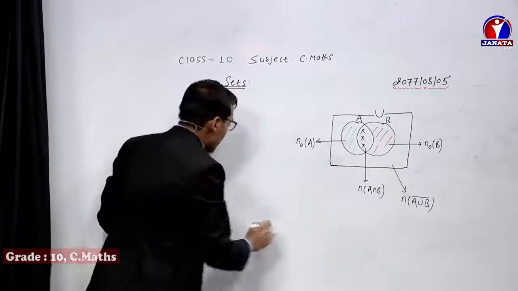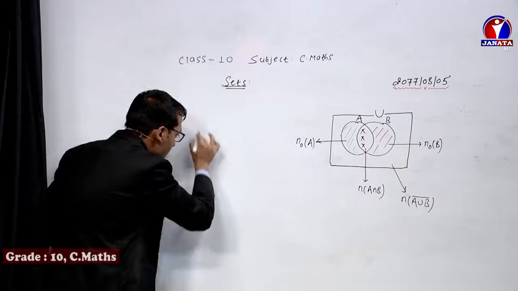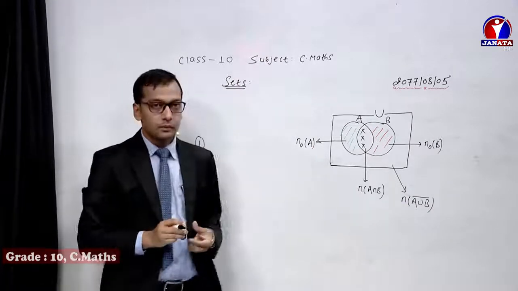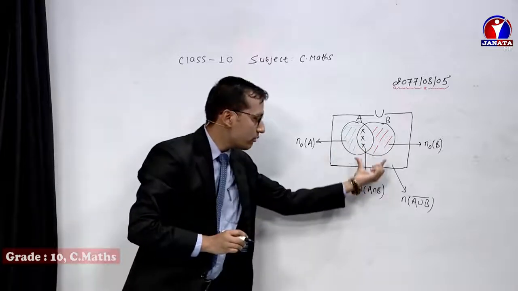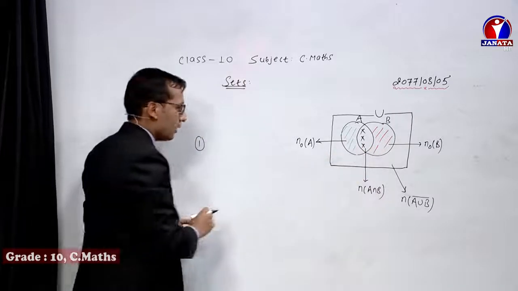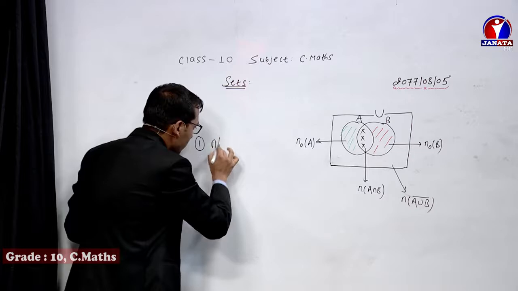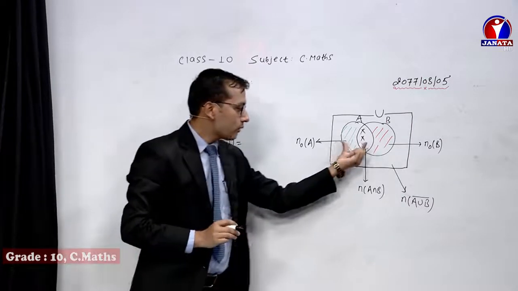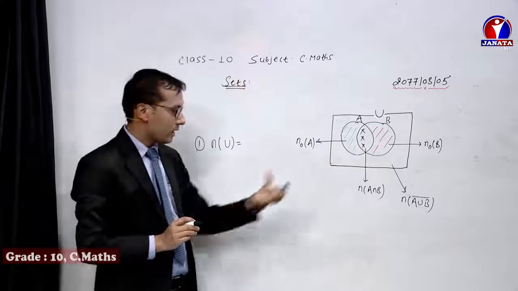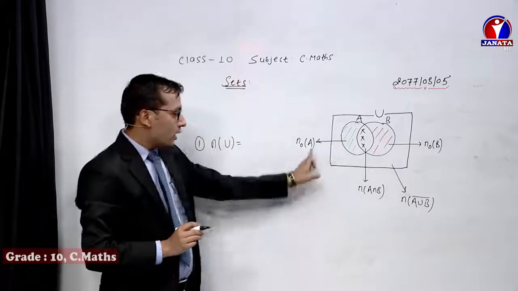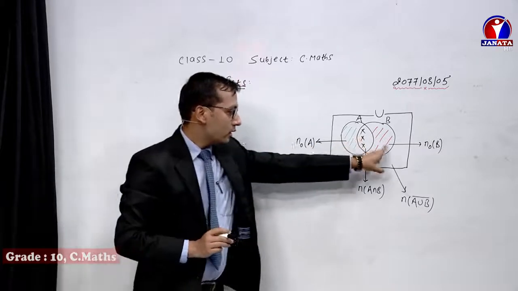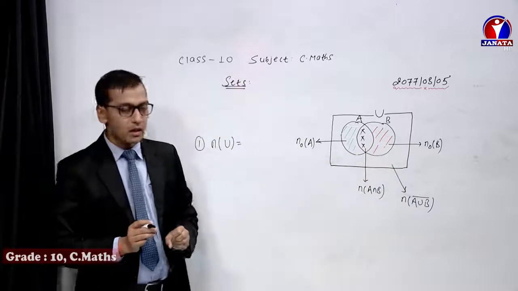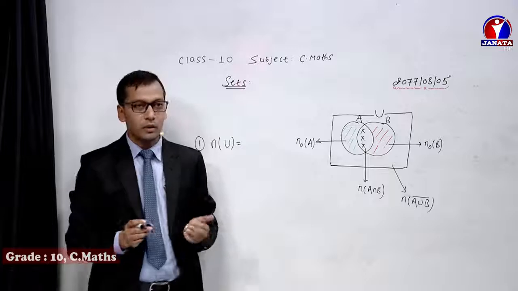Okay, so with the help of this diagram, let's write some formulas. I already mentioned we have four different regions in our universal set. So what is n of U? How many regions belong to n of U? Let's get an idea from the diagram. n only A, intersection, n only B and complement. So these are the four different regions that belong to n of U, or under the universal set.